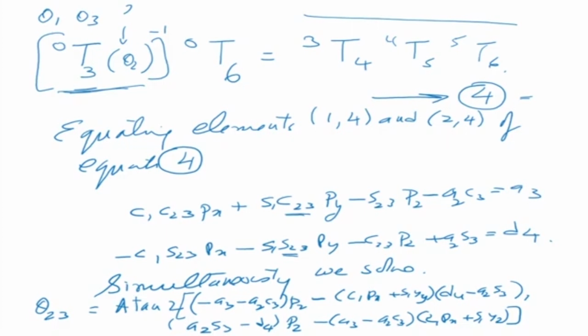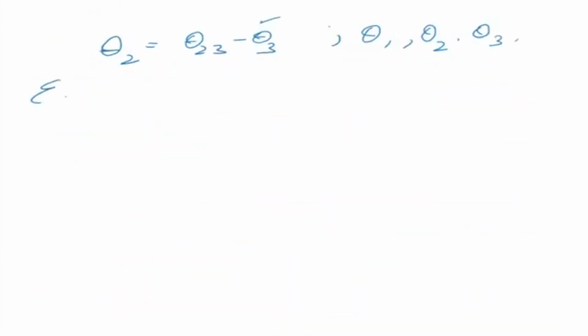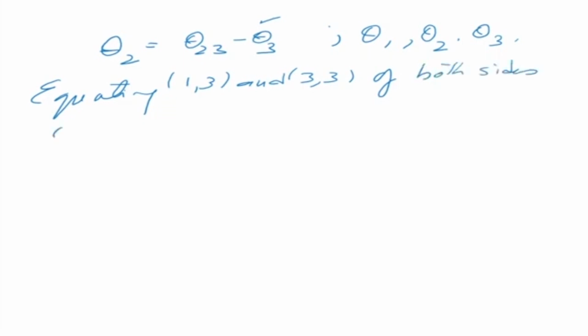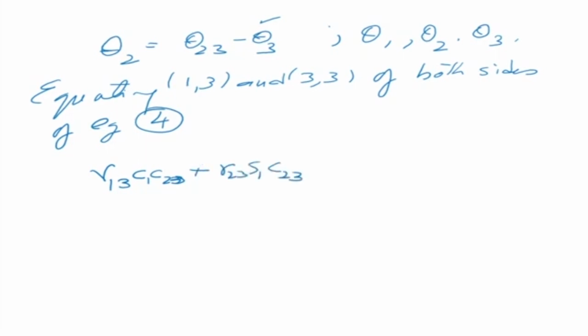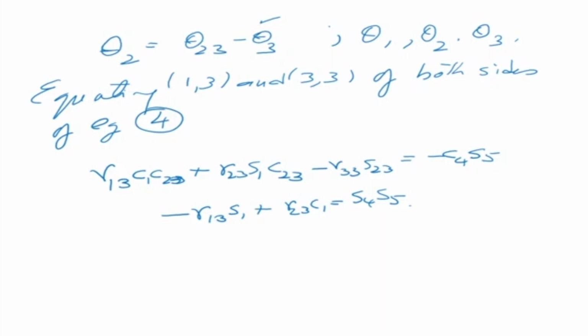If you do that, we get two equations again: R13 C1 C23 plus R23 S1 cos 23 minus R33 S23 is equal to minus C4 S5, and here we have minus R13 S1 plus R23 C1 is equal to S4 S5. So this is what we are getting.